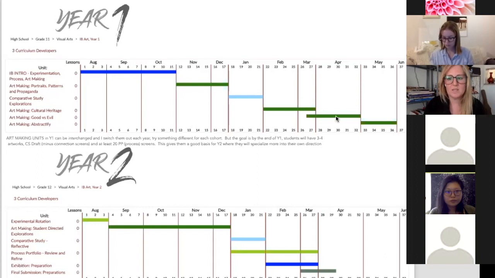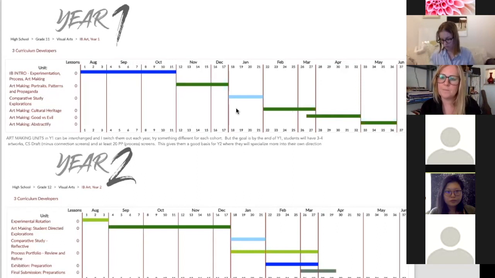So by the time we get to good and evil and abstractify, it peters out, and they are making their own choices: I want to do this instead. So it's meant to be like a reverse pyramid, where it's really my ideas at the beginning, but I'm encouraging their ideas, also in the middle of the year.